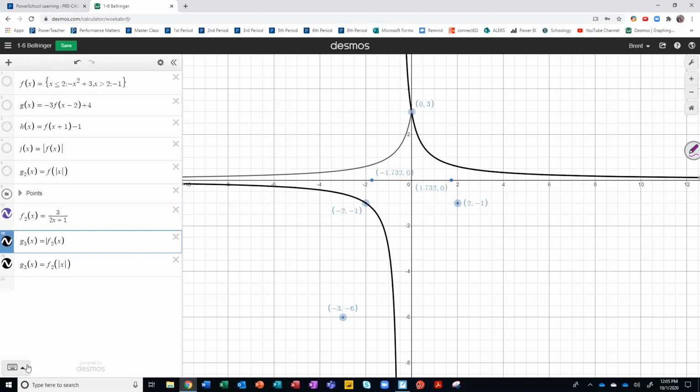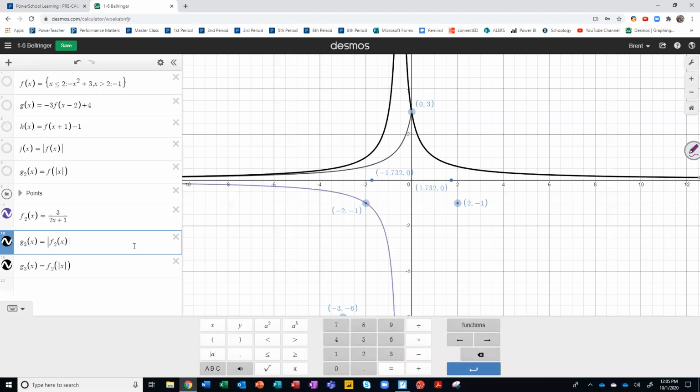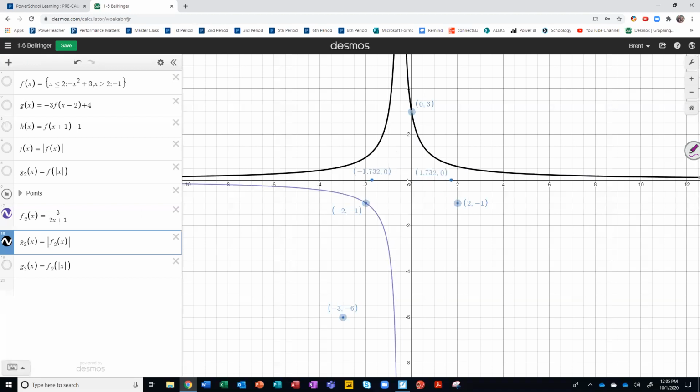Add that in right here. Okay, so there's this one. With the absolute value on the outside, you take your negative y portion, you reflect it up to make it positive. Or on this one, you take the positive x's and you turn them and make them negative x's. And you wouldn't have the other pieces. So that's how the graphs look.